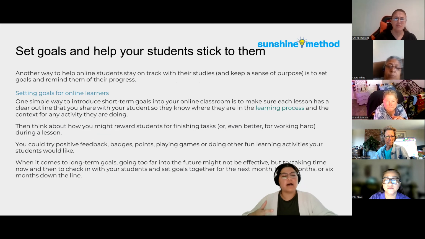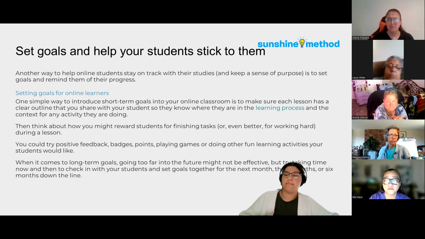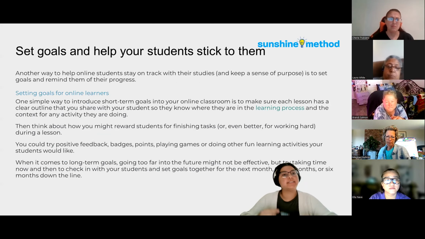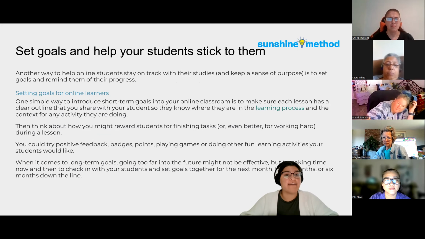And another thing with these students, maybe a little bit older, is just having goals for them and letting them know, as well as their achievements once they have done those goals. Something nice is to just keep track of what they've accomplished since they've started with you.